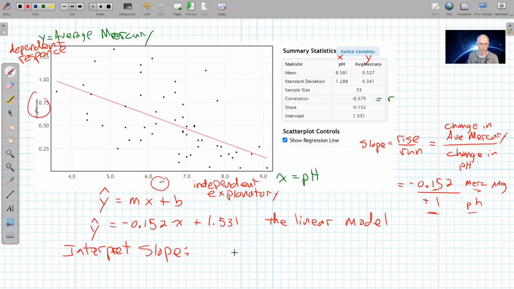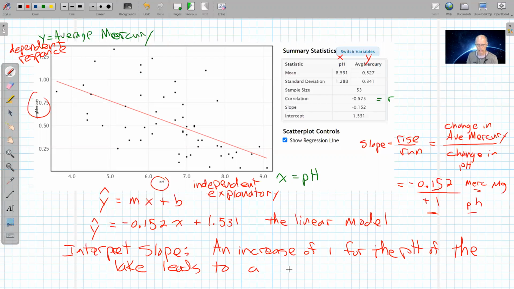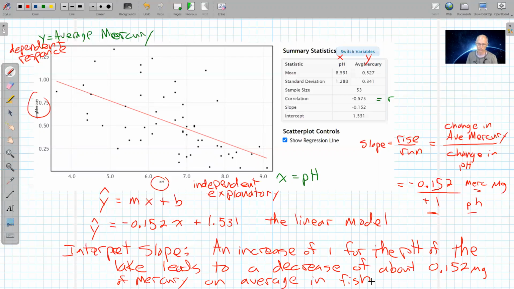So I think the interpretation would be something like this: an increase of 1 for the pH of the lake leads to a decrease of, I'm going to say about 0.152 micrograms of mercury on average in fish, is what that tells me.